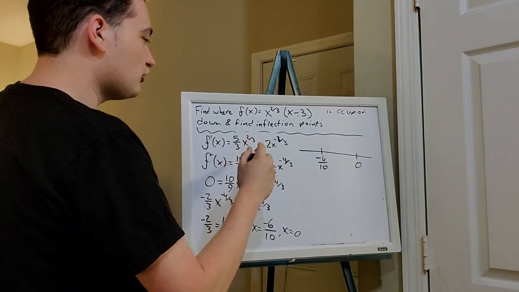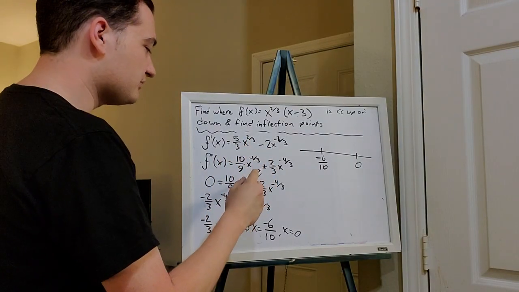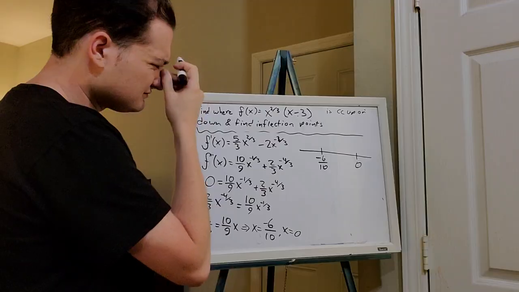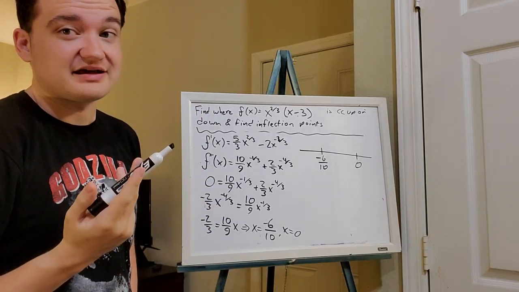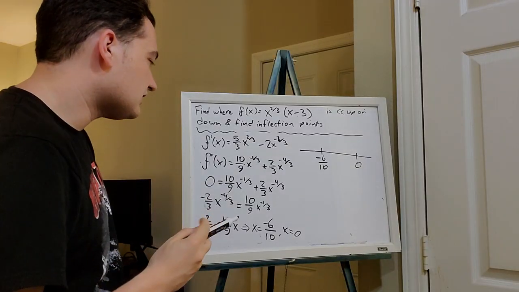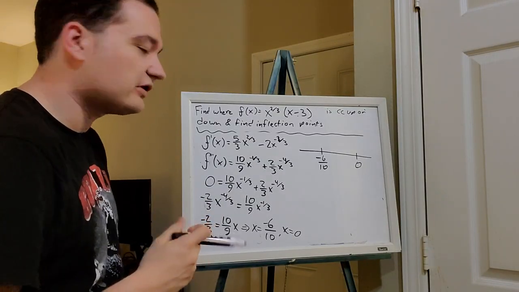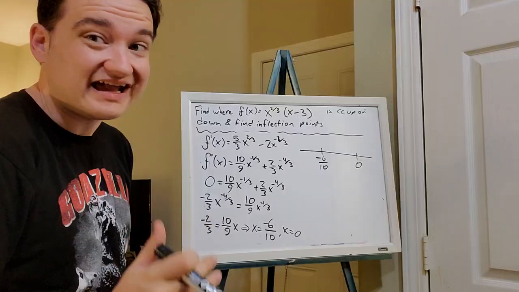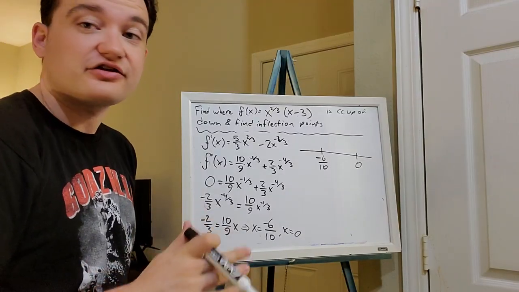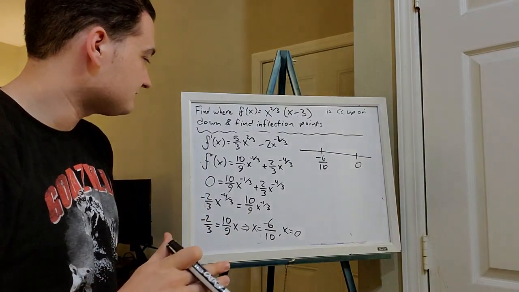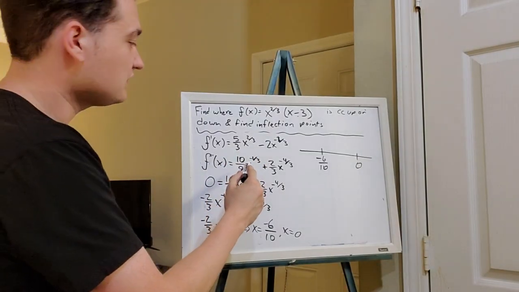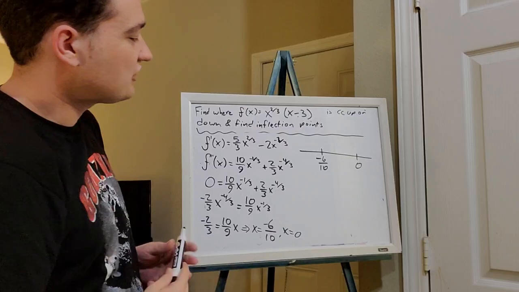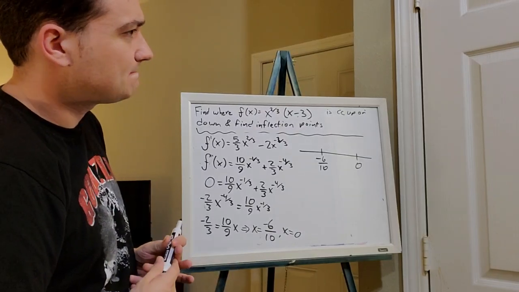Okay, so if we plug in a number, man, this is going to be a pain to plug things in. This happens on occasion. Things are just a pain. If we plug in negative 1,000, the cube root is negative 10. This ends up being negative 1/9.